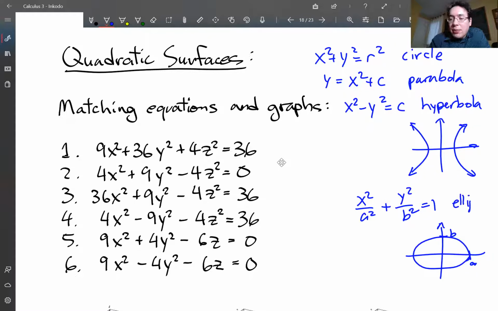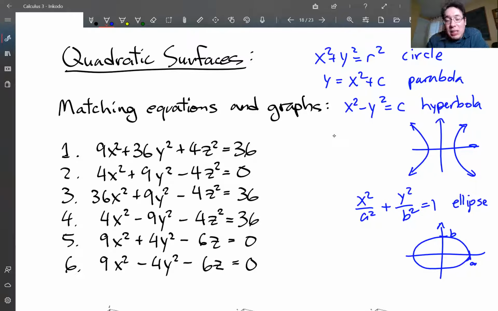Now, when it gets to 3 dimensions, we have 3 variables, x, y, and z, and we're throwing in second power, right? So quadratic surfaces. There's a lot, there's a ton. And I don't really want you to waste your brain space memorizing these things. But what I want you to be able to do is to look at an equation, look at a picture, and be able to match them.